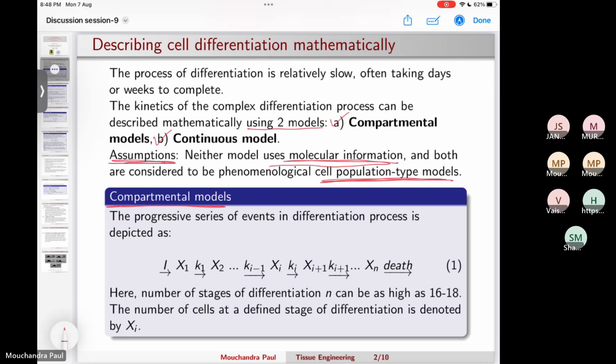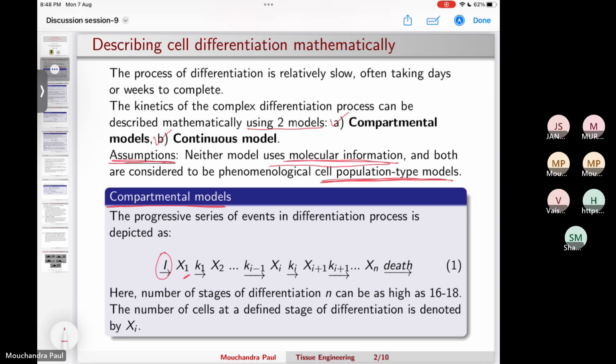So if I is the influx of cells that has entered the lineage or has committed themselves to get differentiated into a particular cell type, this is the initial number of cells. Then at stage 1, this subscript 1 is representing the stage, there are x1 number of cells.